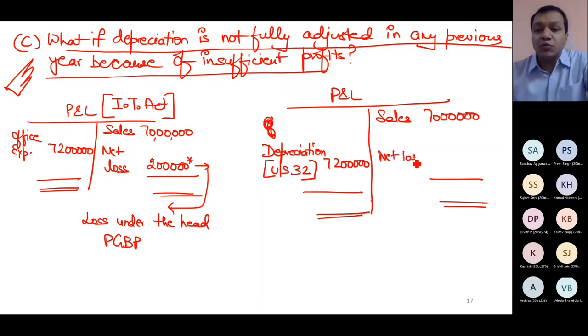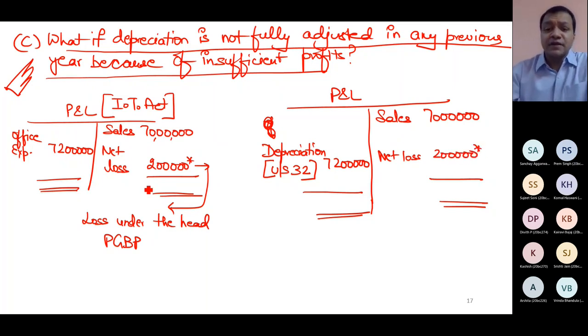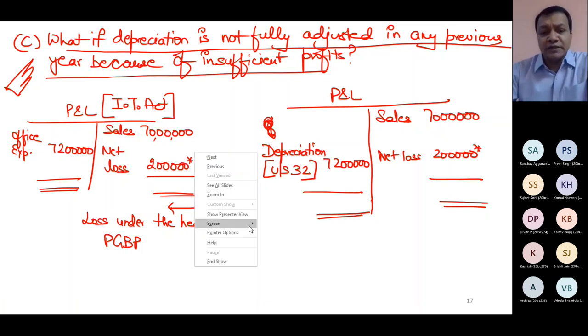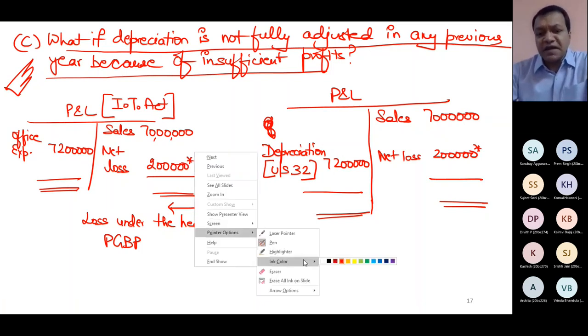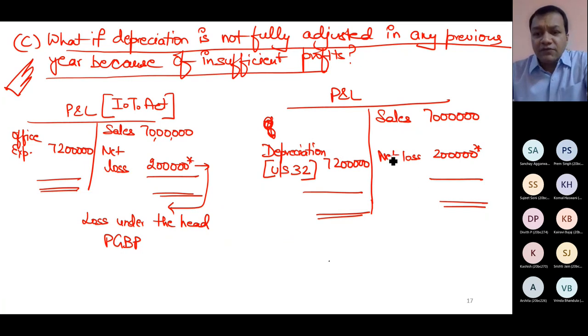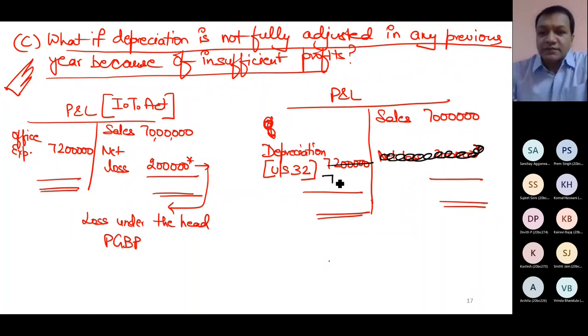But now you must remember that I will not write it as net loss. Depreciation is a very precious expenditure for the assessees. It has its own identity. Do you know what I will write? I will write depreciation only 70, and now PGBP income is neither positive nor negative.